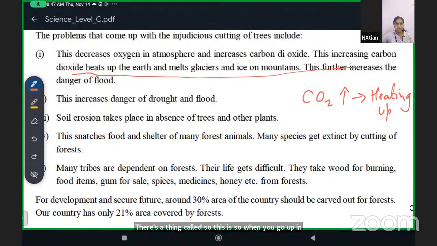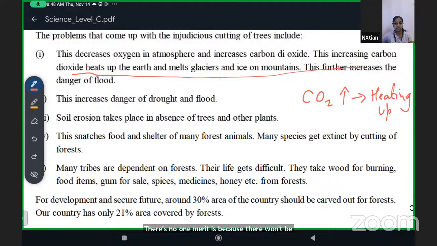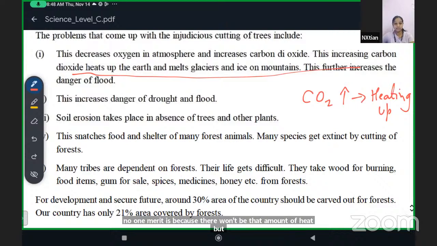It's because the sunlight will hit the ground. So when you're in the mountains, the snow won't melt because there won't be that amount of heat. But the glaciers that are at sea level on the ground will melt because there is that amount of heat. So the mountain top should stay.